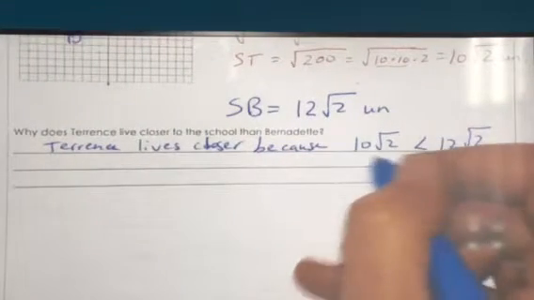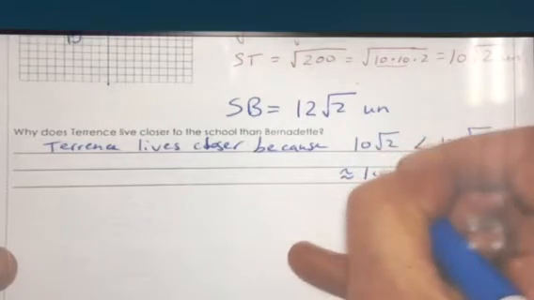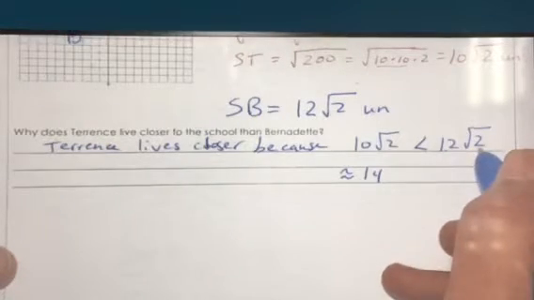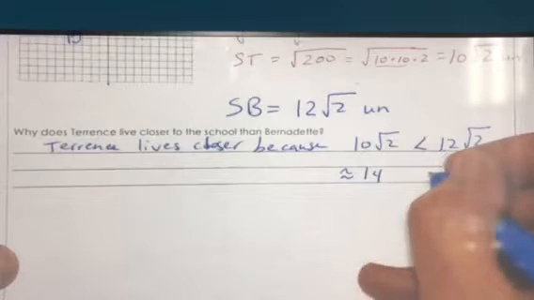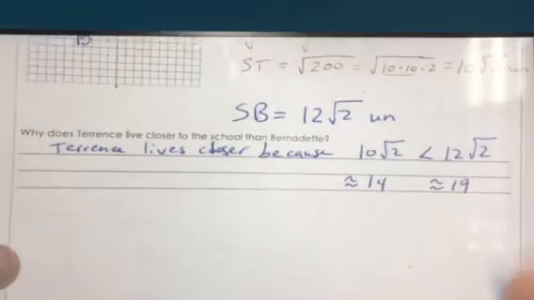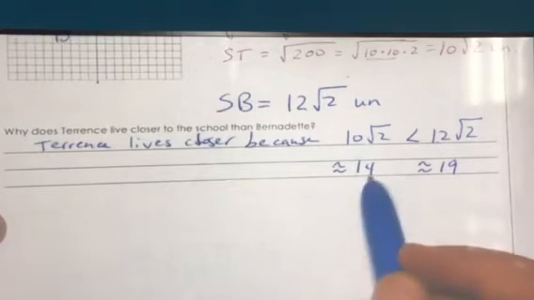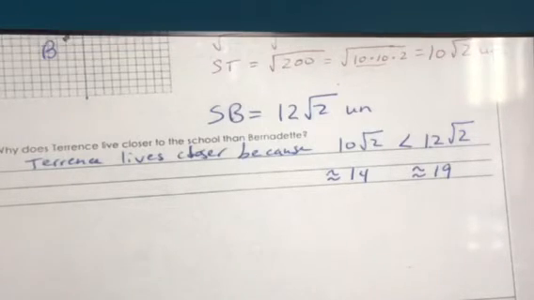This is 10 times 1.4-ish, so this is a number that is close to 14. And this is 12 times 1.4-ish, so this is more like a number around 19. So we would say that Terrence only has to travel 14 units and Bernadette has to travel 19 units. So thank you so much for working hard through that index, which is confusing. Great job, Smarty Pants.